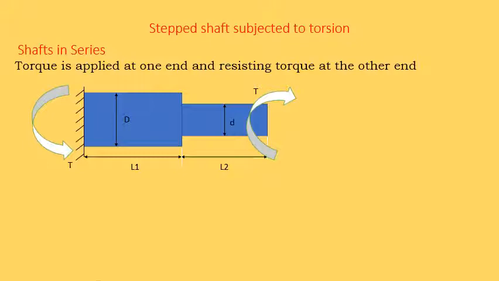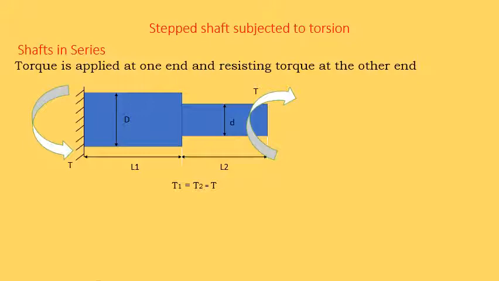There are two important concepts in this condition. One is that each shaft transmits the same torque, and the other is that the total angle of twist is the sum of the angle of twist of the two shafts, that is T1 is equal to T2 is equal to T.